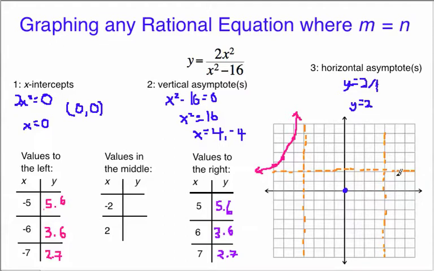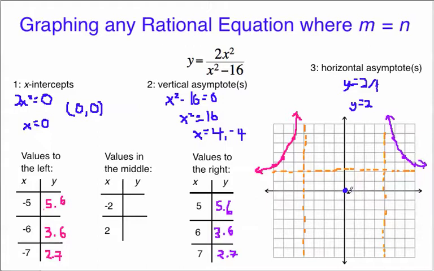We have 5, 5.6, so that's up here. 6, 3.6, which is down here a little bit. And then 7, 2.7, which is just kind of right down there. And then again, we're going to draw in our lovely little curve going up here and going this way.